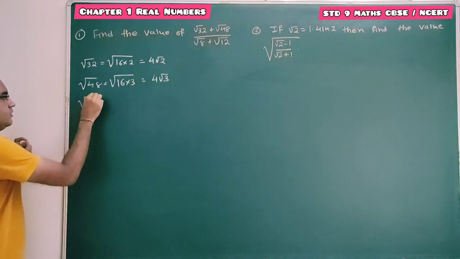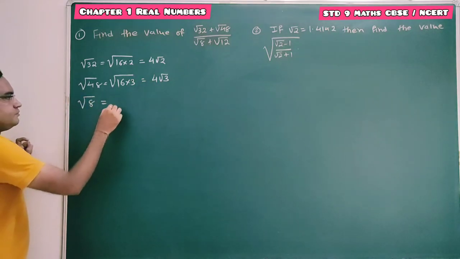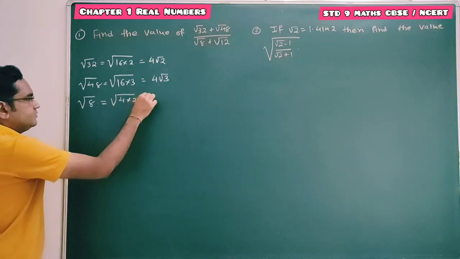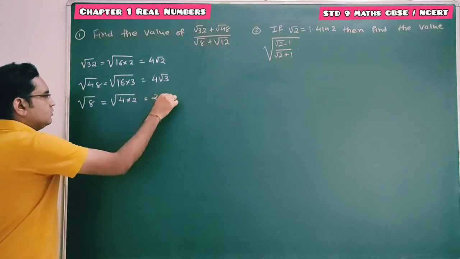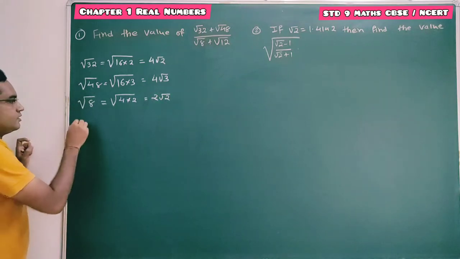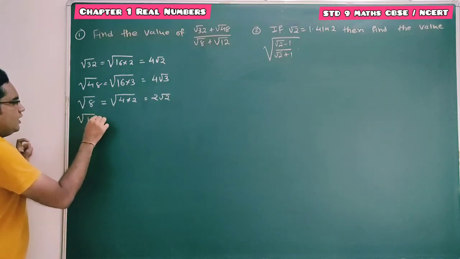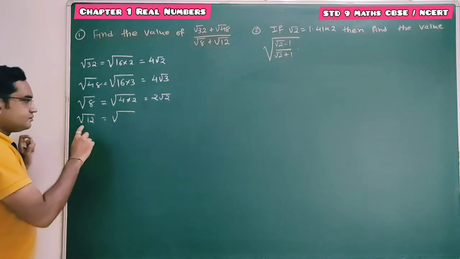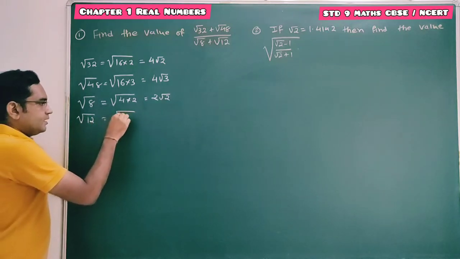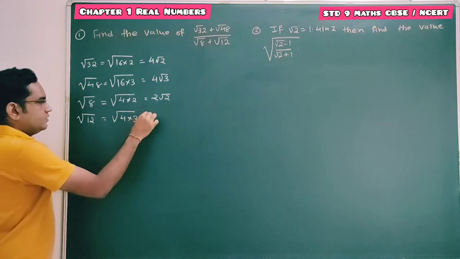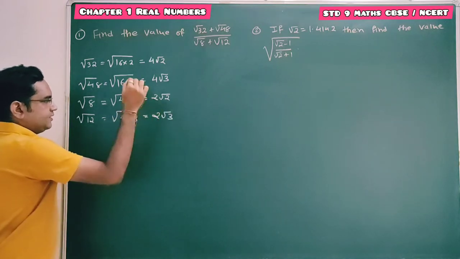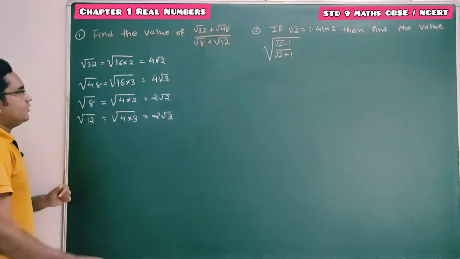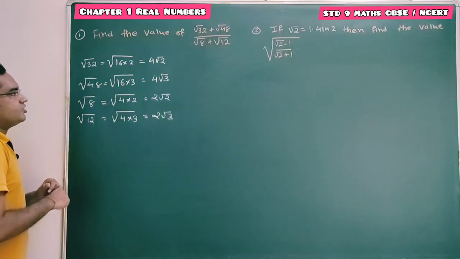Same way root 8 is there. 8 can be written as 4 times 2. This is equal to 2 root 2. Same way root 12 is there. So how can 12 be written? It can be written as 4 times 3. So it's 2 root 3. So 8 is 4 times 2, 12 is 4 times 3, 48 is 16 times 3 and 32 is 16 times 2.